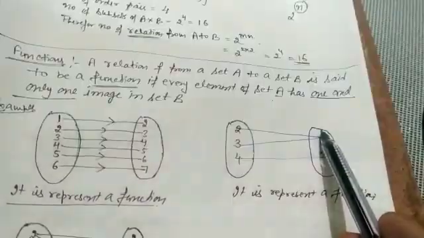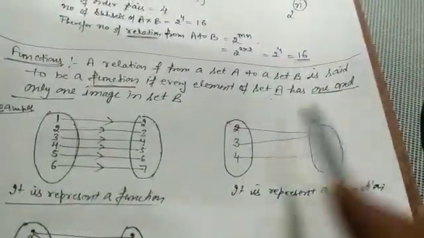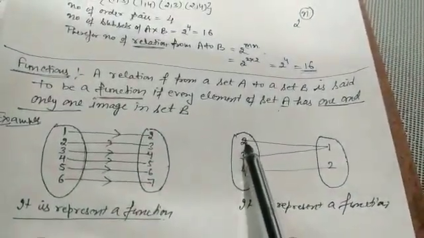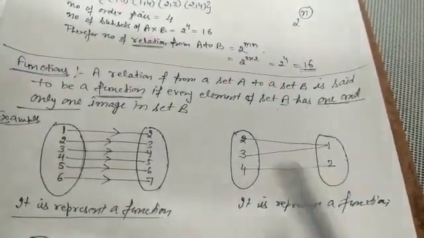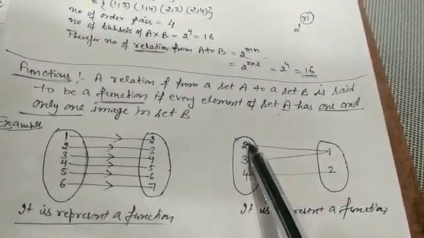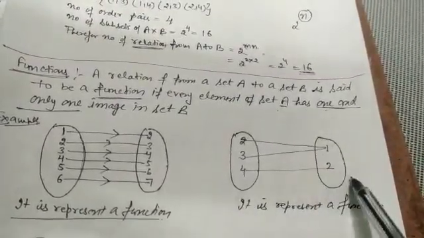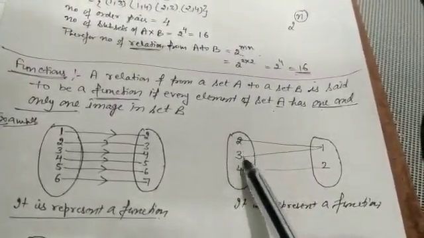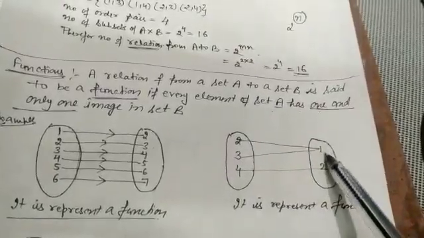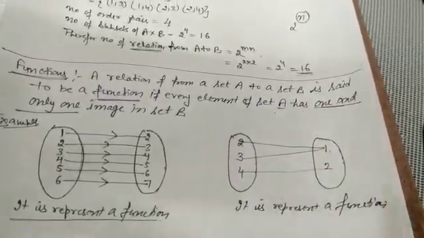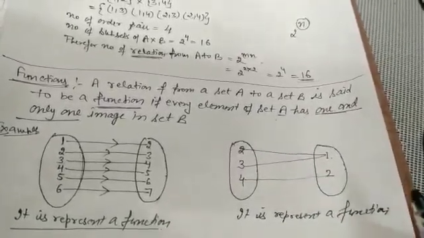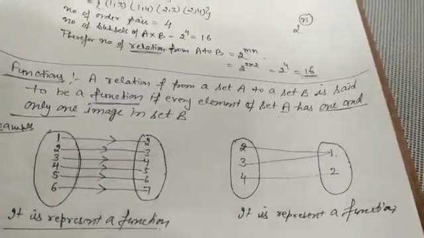A function is not possible only when this 2 is connected to two different images. So this 2 has a value 1, this 3 also has a value 1, and 4 has 2. So two different values of x give the same value of y. It will not disqualify the function. It also represents a function.